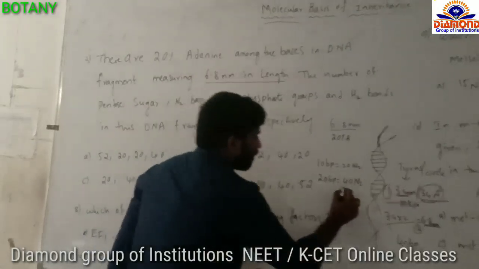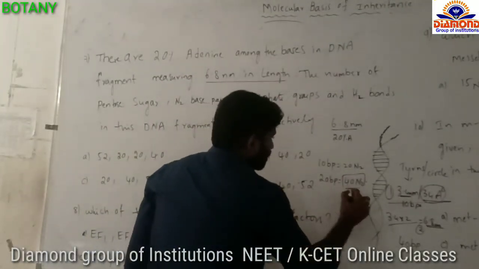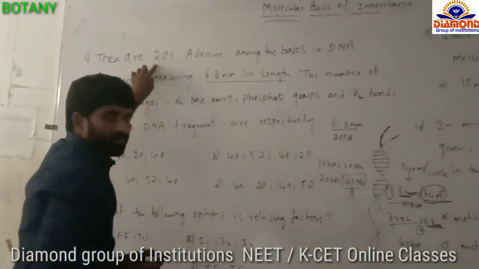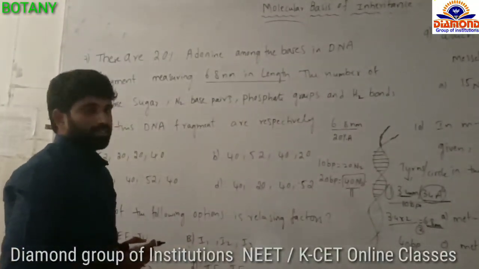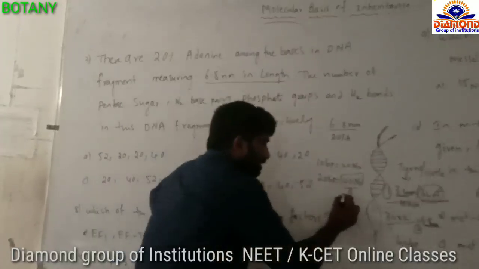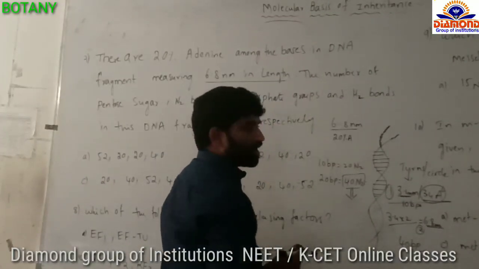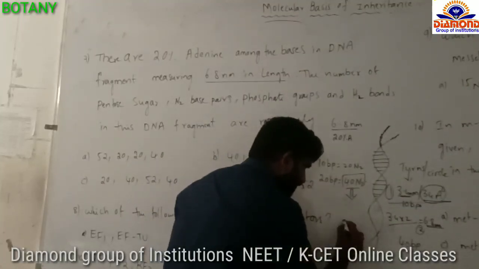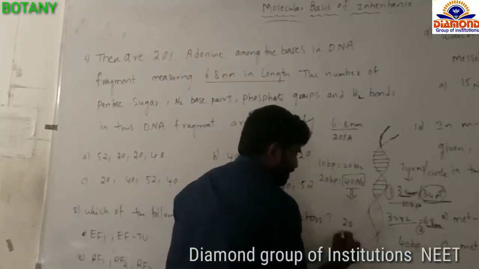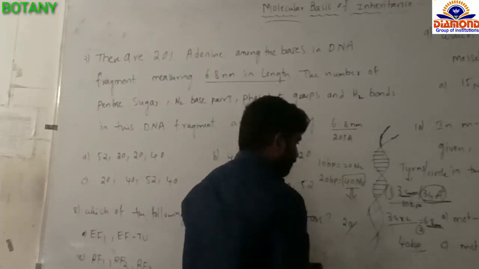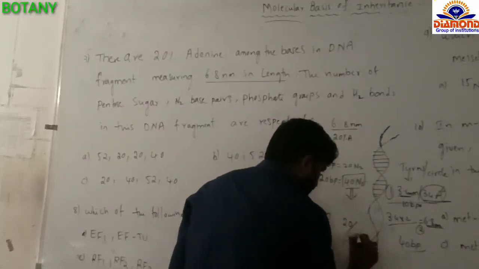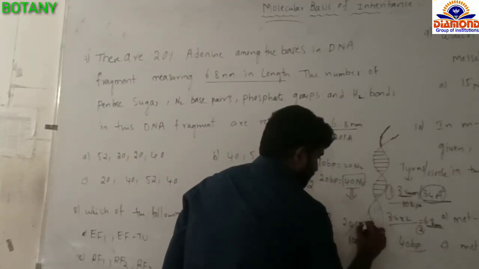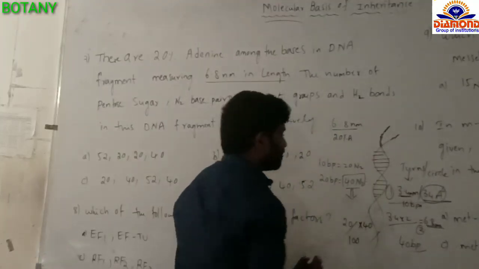Out of these 40 nitrogen bases, they have given adenine as 20%. So we have to calculate how many adenine molecules are present. The total number of nitrogen bases is 40, and adenine is 20%.